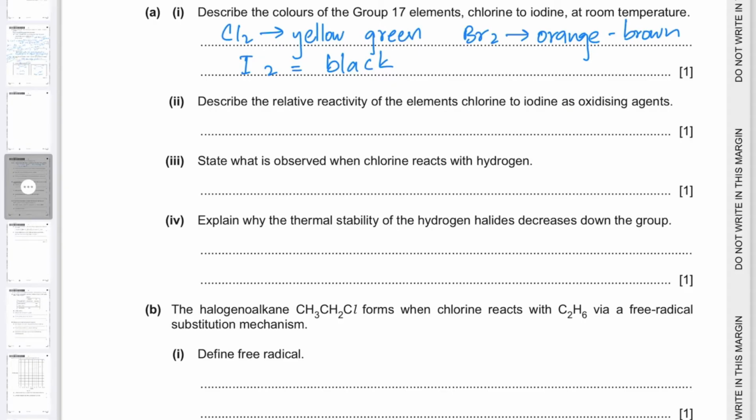In order for the halogens to oxidize another species, the nucleus of the halogen atoms needs to remove an electron from the other species using electrostatic force of attraction.